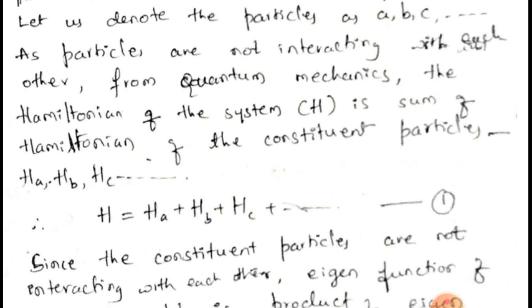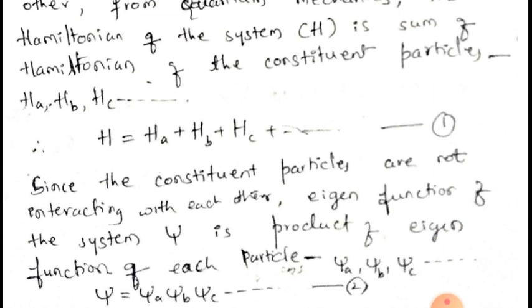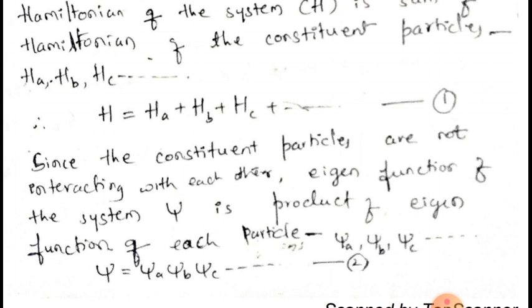From quantum mechanics, the Hamiltonian of the system H is a sum of the Hamiltonians of all the particles. If HA, HB, HC and so on are the Hamiltonians of the individual particles, then H is equal to HA plus HB plus HC and so on, as given in equation 1.